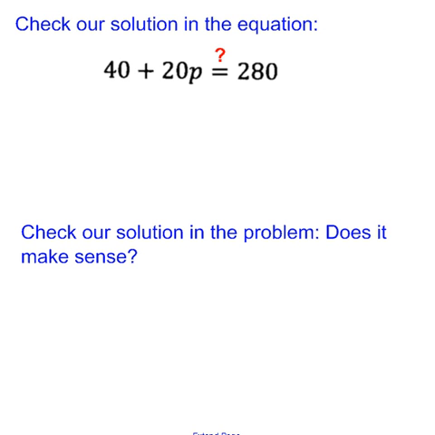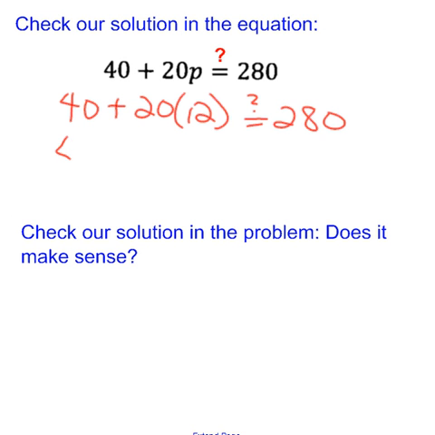So we put in our proposed solution, and we ask, is that equal to 280? So that's 40 plus 240, and that does equal 280. So at least we solved our equation correctly. We don't really know whether we wrote the correct equation to begin with.